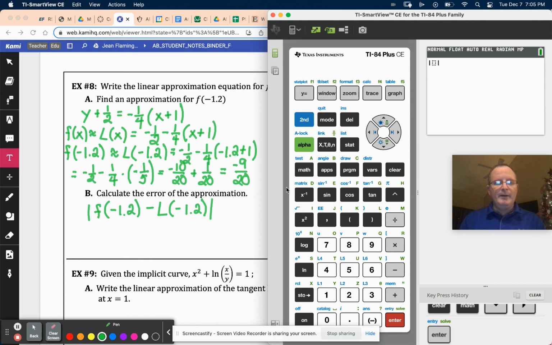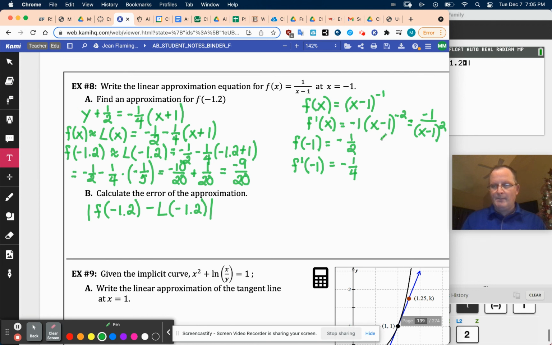And so f of negative 1.2 is, let's do pretty fractions. No, let's have it a decimal. All right, I changed my mind on that. So we're going to have 1 over negative 1.2 minus 1.